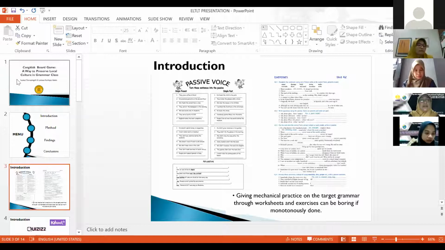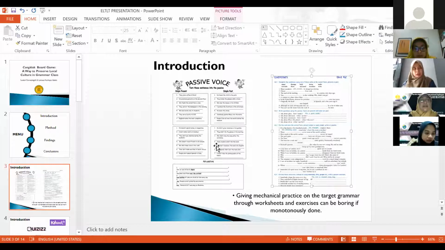But I believe that if we do this on a daily or weekly basis, it can be boring, as we know that monotonous learning activity will result in low achievement and also negative feelings on the part of the students.